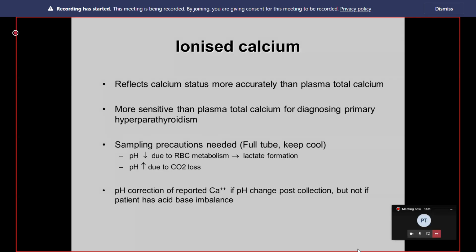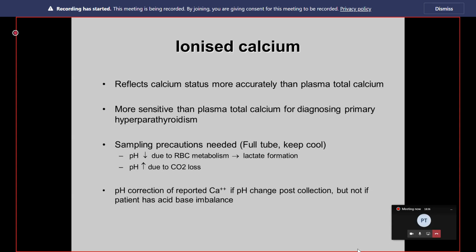In practice, ionized calcium is not used as frequently for two reasons. One is that traditionally total calcium has been used because it's easier and cheaper. Ionized calcium needs an ion selective electrode for calcium. It's more expensive and more fiddly. And also sampling and sample handling is important for ionized calcium.